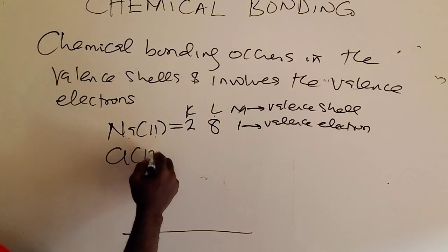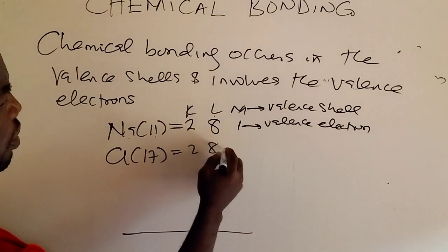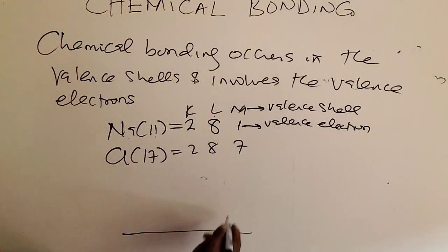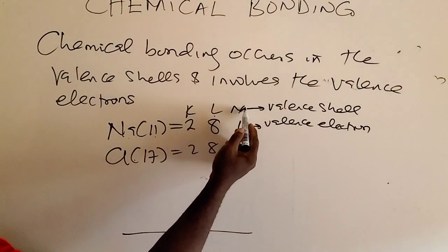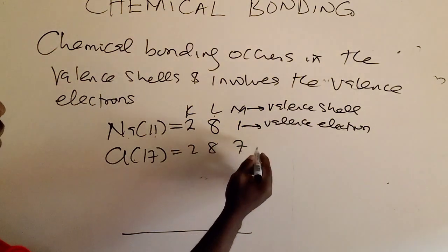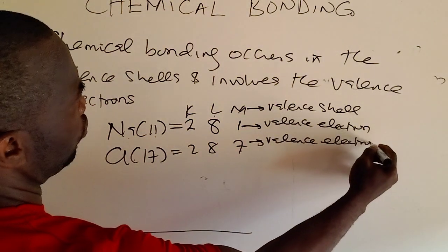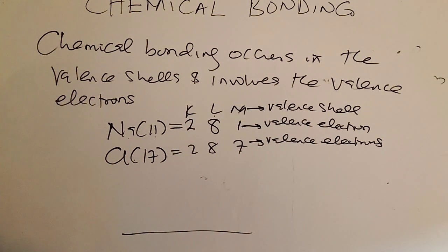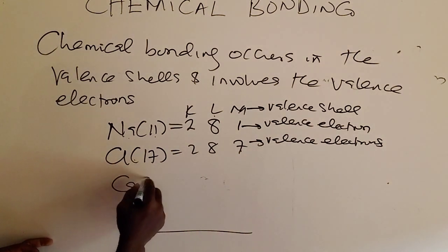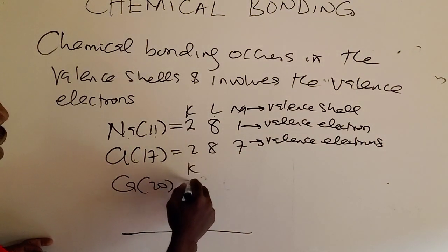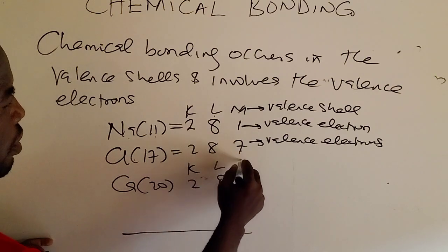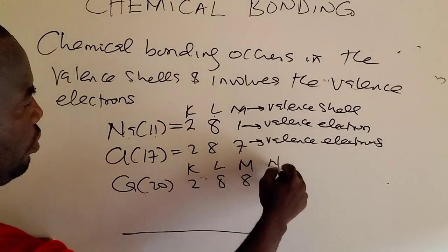Look at chlorine, 17, 2, 8, 7. So for chlorine, the valence shell is also the M shell, while chlorine has 7 valence electrons. Let me take another example. Look at calcium, 20: K2, L8, M8, and N2.